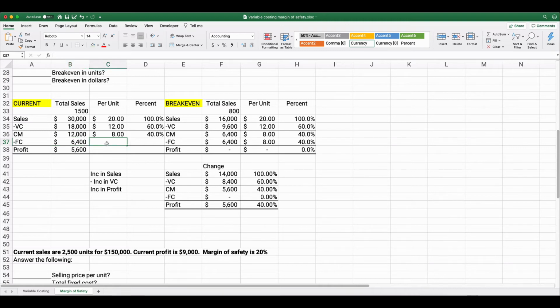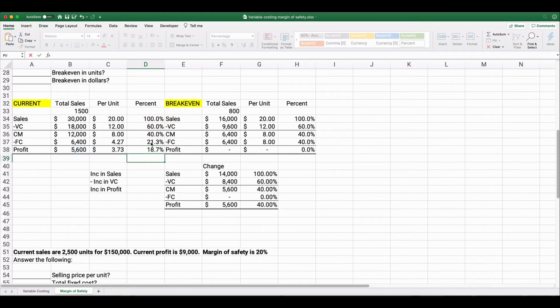Let's finish out the per unit. So the totals divided by the units gives us the per unit number, 373. And we can do percentages on this. We can do either per unit, the 4.27 divided by the 20, or we can do the 5,600 divided by the 30,000.